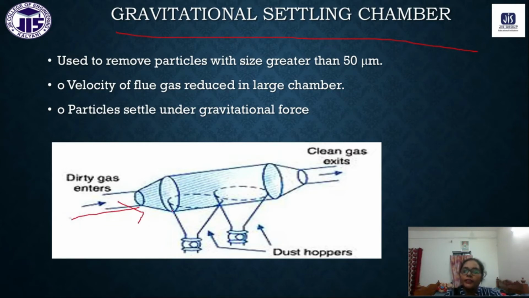This chamber is a large chamber, so while the gas enters into it, the velocity will decrease. Thus the dust particles, the bigger large particles we have, will have the chance to settle down. And this is the dust hopper, from where we get the pollutants.